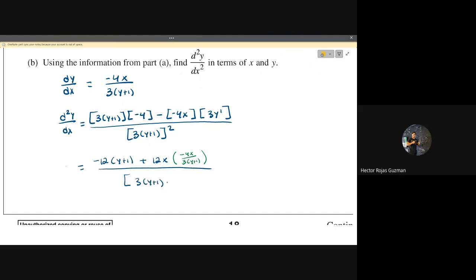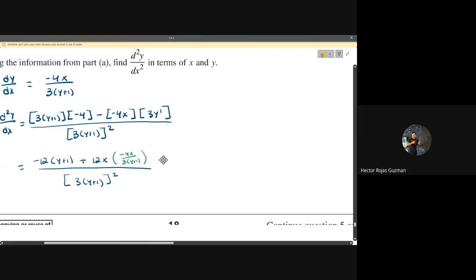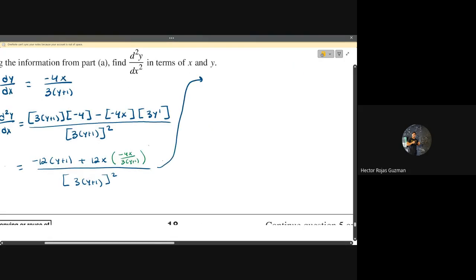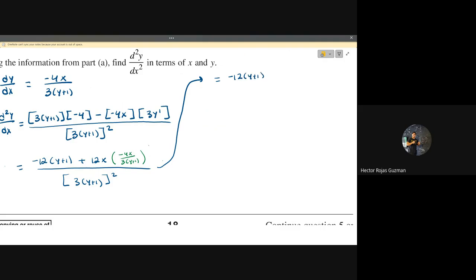Now, in a question like this, they don't really tell us how much to simplify by. So, I mean, I'm for sure going to multiply these two. Let's just take it one step at a time. That's going to equal negative 12 times y plus 1 minus 48x squared divided by 3.